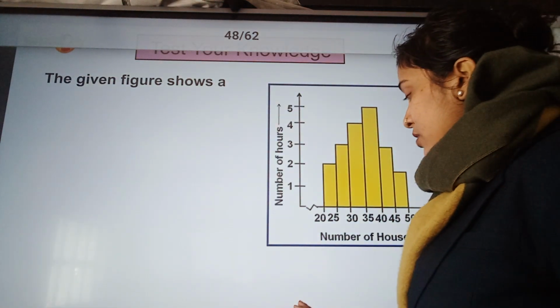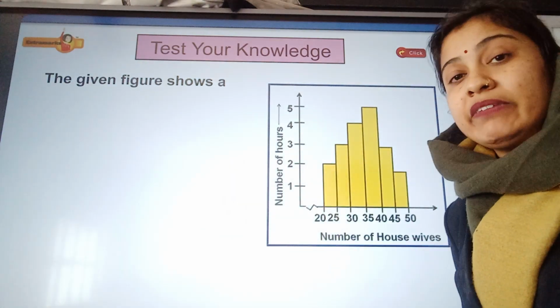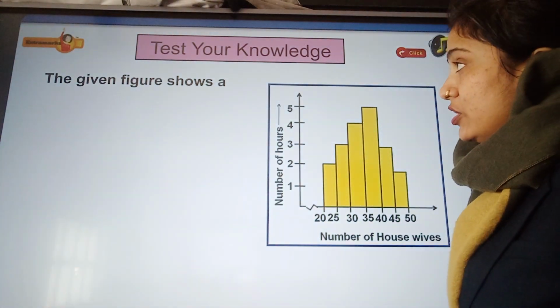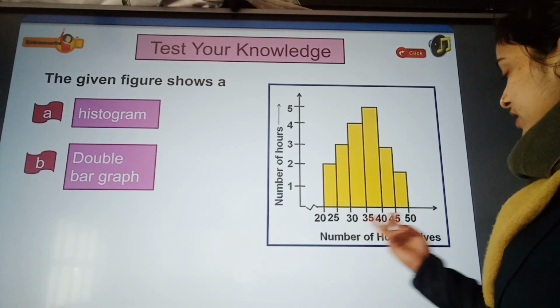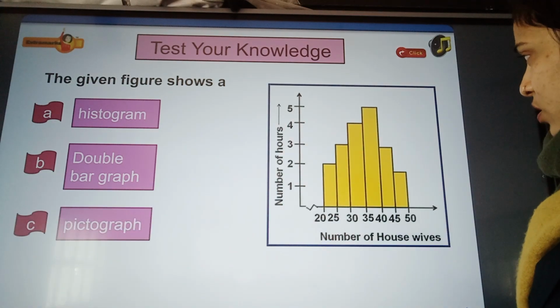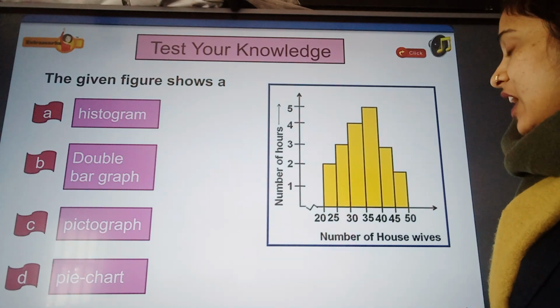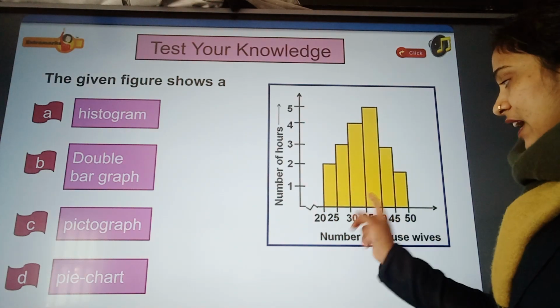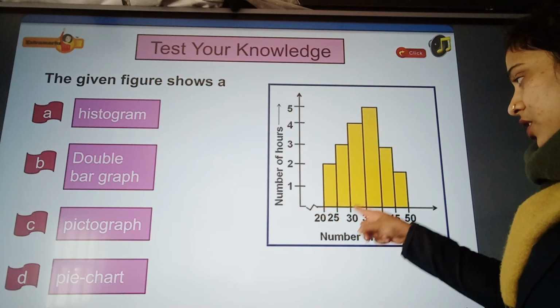Now again, to test your knowledge, we have a given histogram, and on the basis of it we have to answer the following question. The given histogram is regarding the number of housewives and the number of hours they spent on some particular activity. Can you see the figure? It is in the form of ranges: 20 to 25, 25 to 30, 30 to 35.